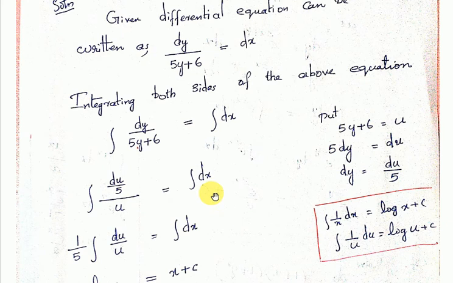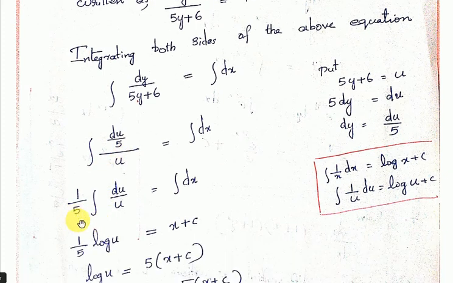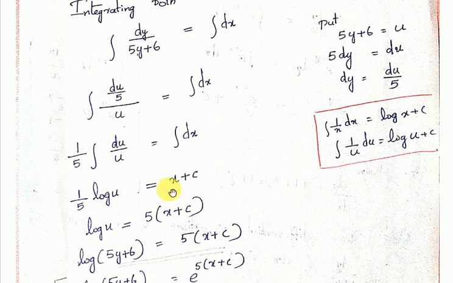So instead of dy, we can write du by 5 whole divided by 5y plus 6 as u, equal to integral dx. Du by 5, that is 1 by 5, we can take it outside the integral. So integral du by u equal to integral dx. Integral 1 by u du, that is log u equal x plus c. Or log u equal, we can bring the 5 to the right side, 5 into x plus c.